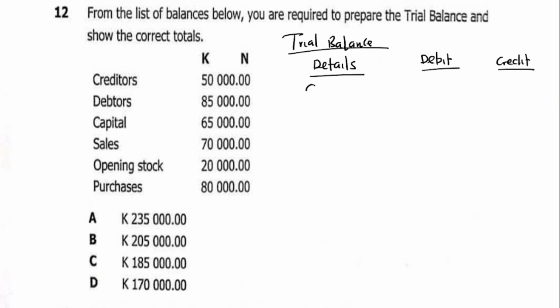So creditors, these are liabilities, so we're going to credit them. 50,000 there.